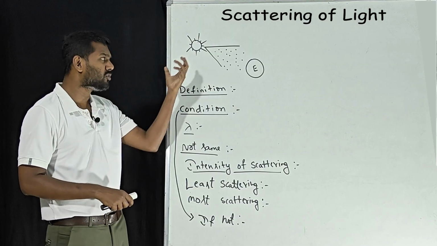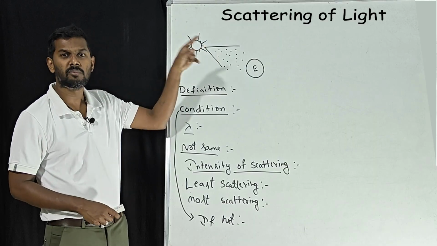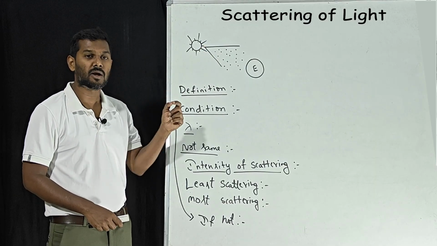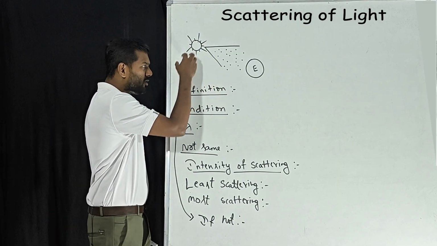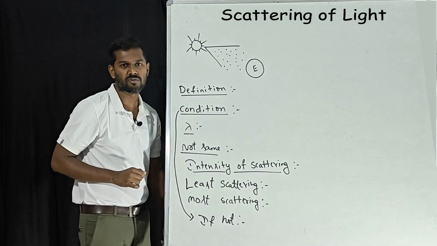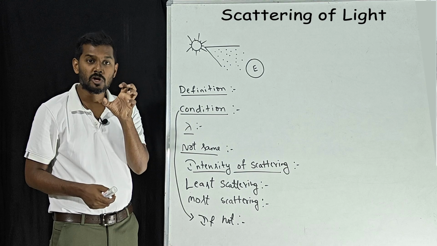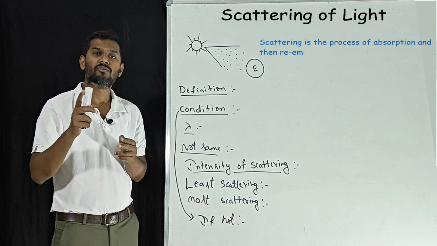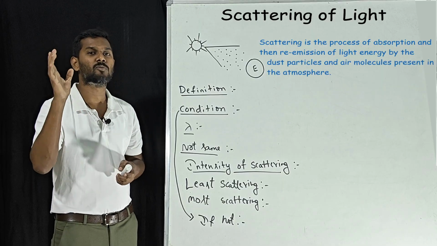Okay, so how to define it properly? We understood why there is a spread, because of the air molecules and the dust particles present in the atmosphere. Now we'll try to combine all this as a definition. Scattering is a process of absorption and re-emission of light energy by the dust particles and the air molecules present in the atmosphere.